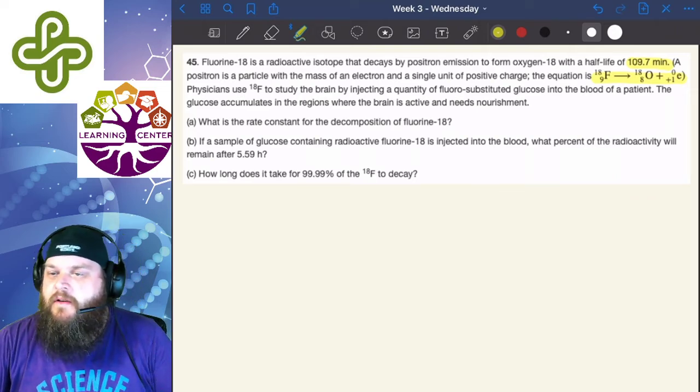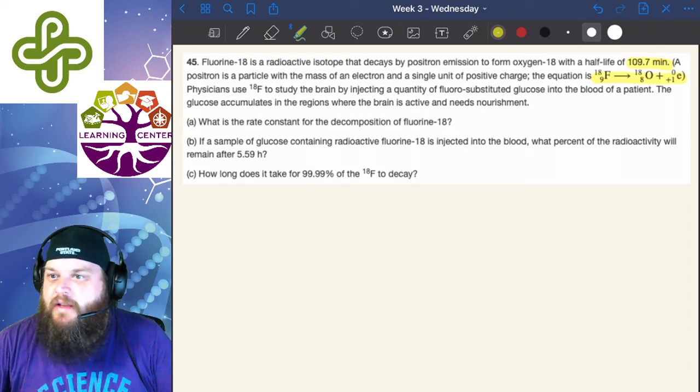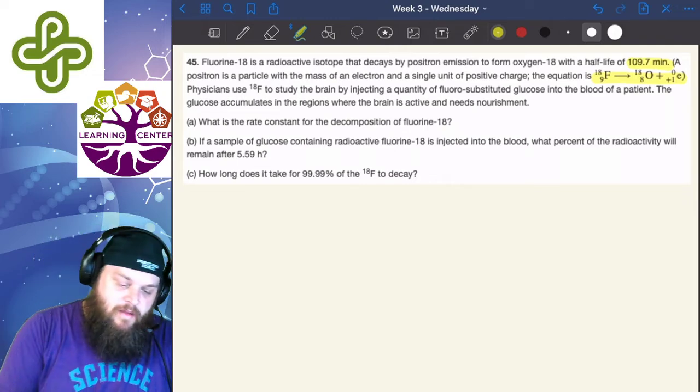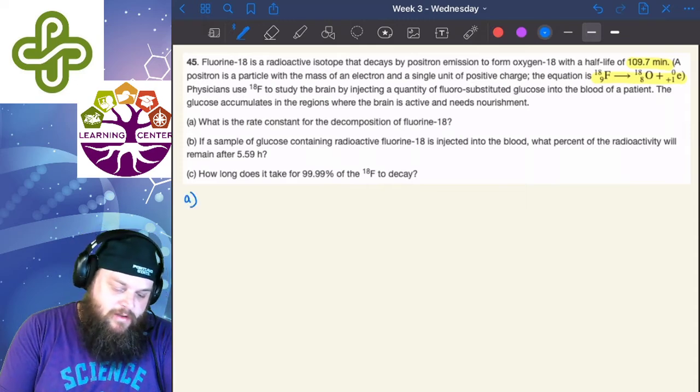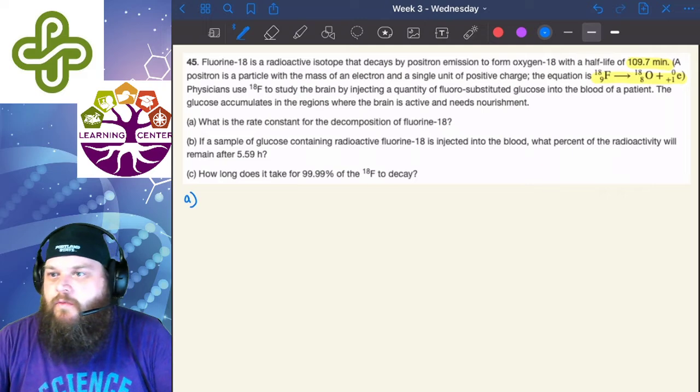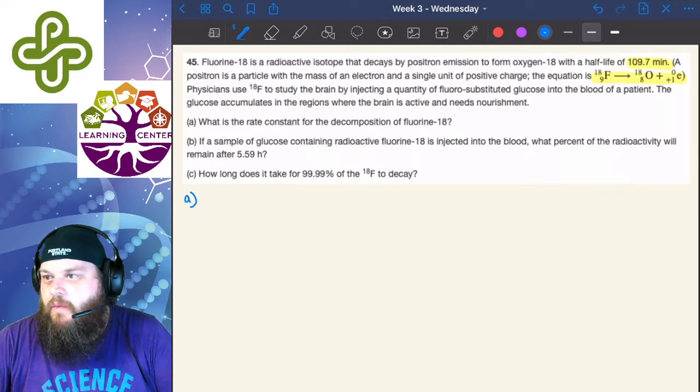Physicians use fluoride 18 to study the brain by injecting a quantity of fluoro-substituted glucose into the blood of a patient. The glucose accumulates in the region where the brain is active and needs nourishment. So that's just a little subnote there. What we really want to do is solve for the rate constant of the decomposition. So we know what the half-life is.